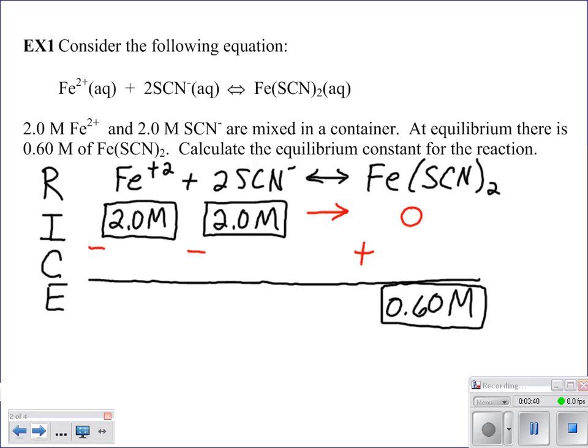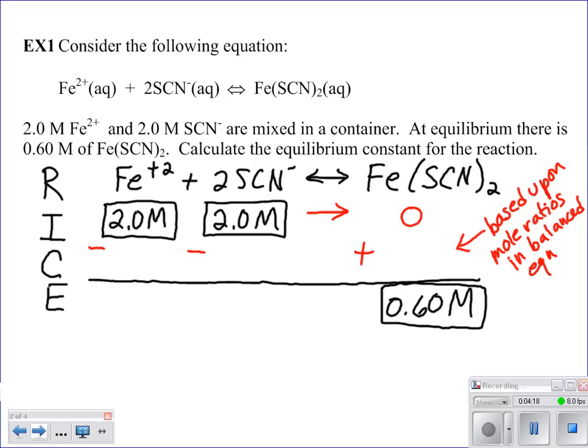So for our change in concentration, this information is going to be based upon your balanced equation. So it's based upon, let's say, mole ratios in the balanced equation. What that means is that we know that when we add up FeSCN2+ and everything that we've got there for the change, it's going to equal 0.6 molar.